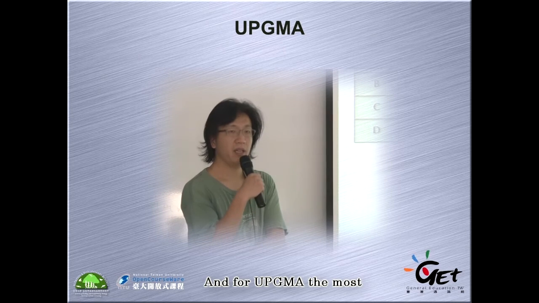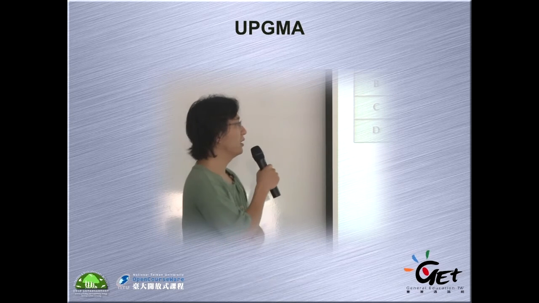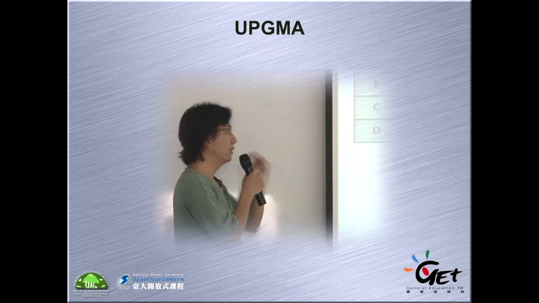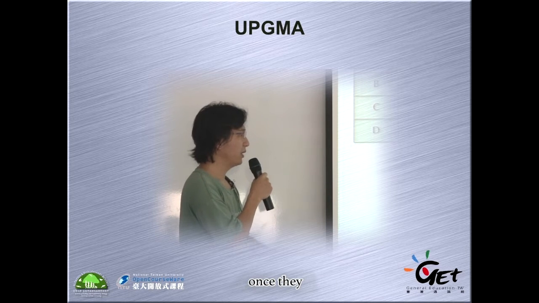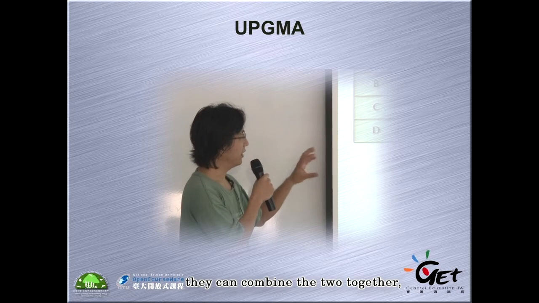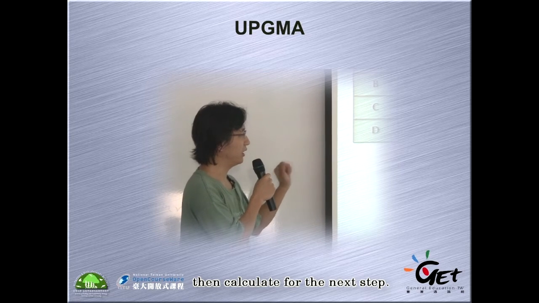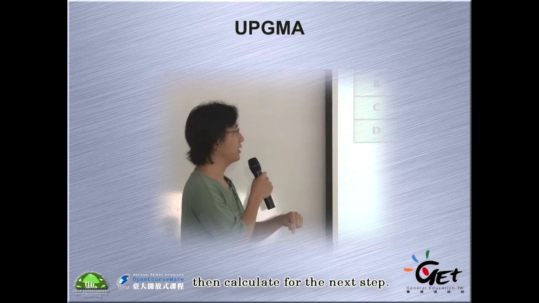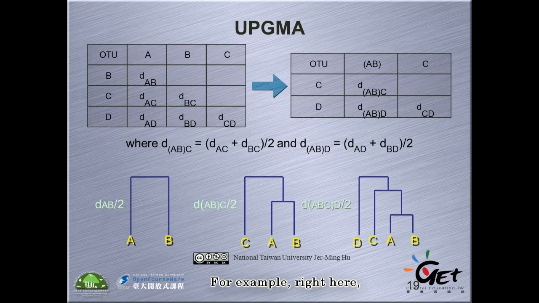And for UPGMA, the most simple way is to calculate the differences once, then combine the two together and calculate for the next step. For example, right here we have a distance matrix for A, B, C, D. Right here you have 6 numbers.